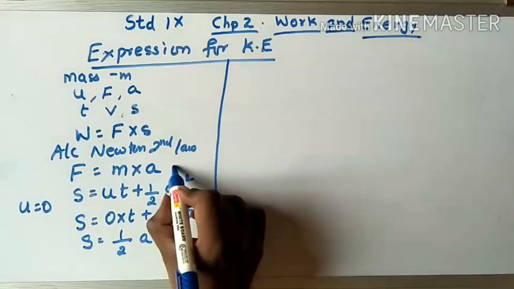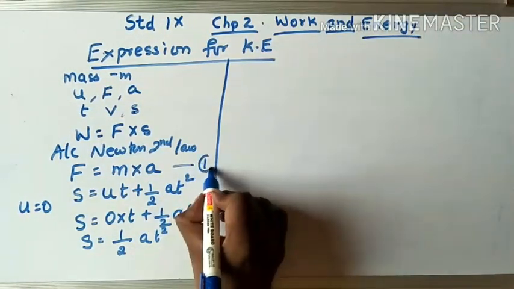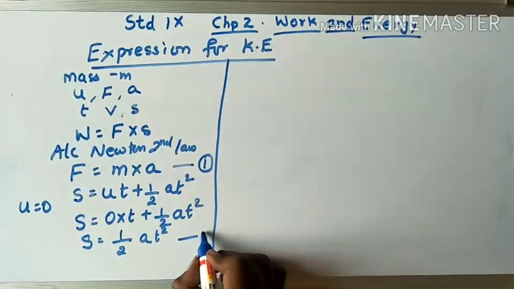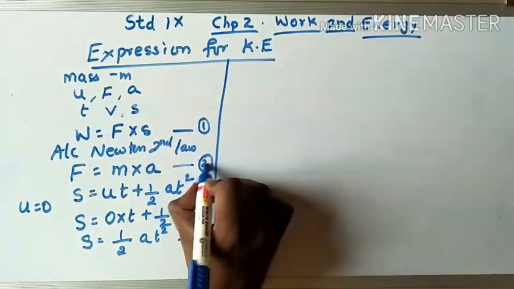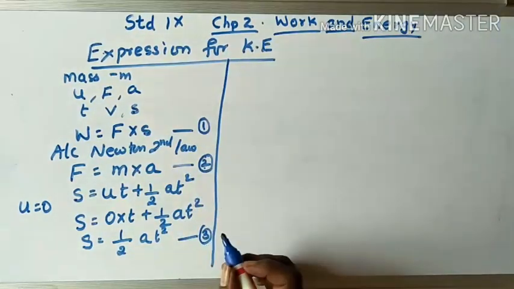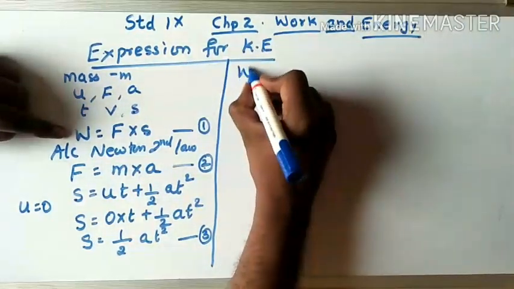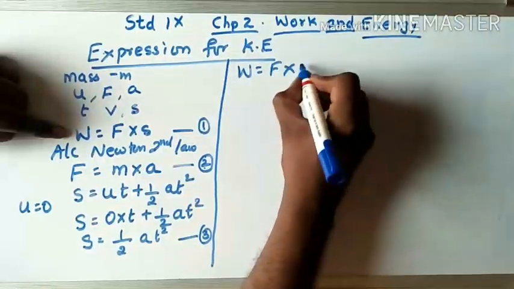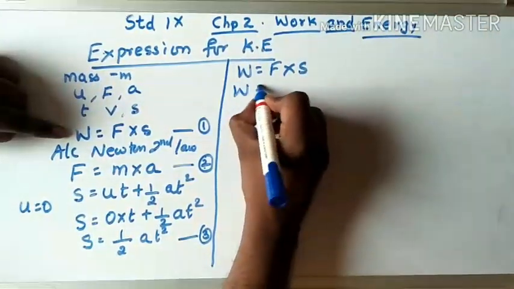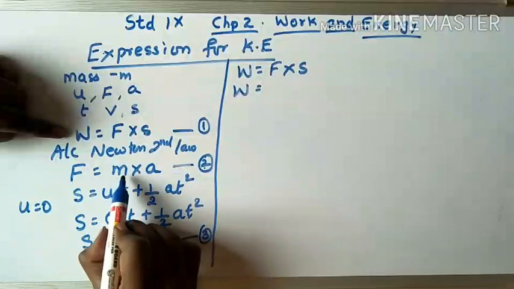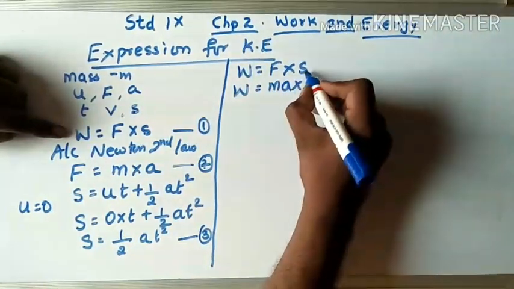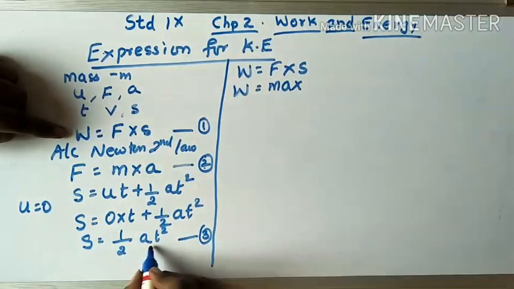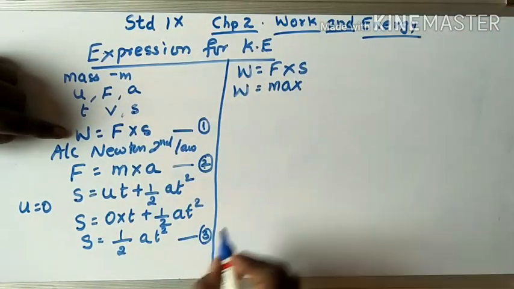Now here you got the formula for F, you got the formula for V. This is equation number 1, 2 and 3. Now we'll write this equation. W is equal to force into displacement. Force is mass into acceleration. We'll write it as ma into displacement, which is half at square, which you got in equation number 3.